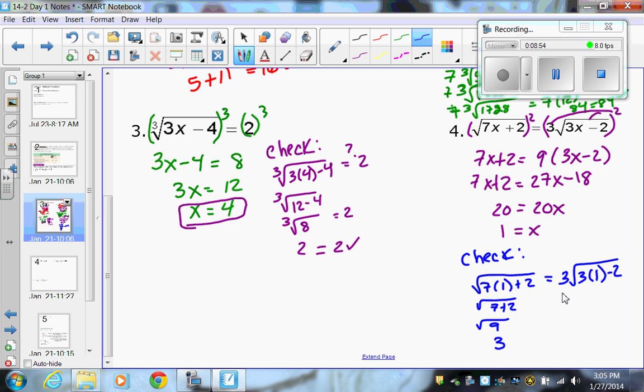On the right side, we have 3 times the square root of 3 times 1, which is 3, minus 2, so this is 3 square root of 1, which is just 3 times 1, which is 3. So 3 does equal 3. So this is our answer.